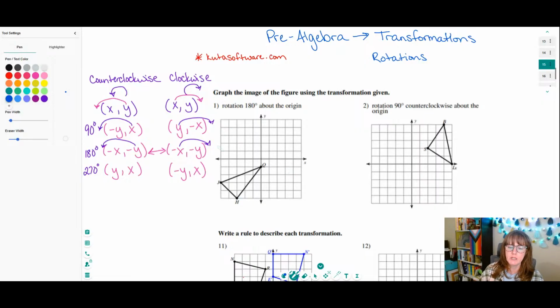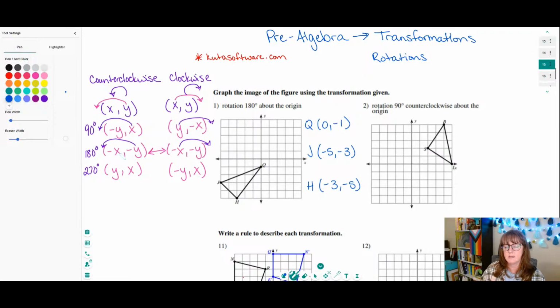So what I'm going to do is I'm going to list my points, Q, J, and H. Q is at 0, -1. J is at 5, -3. And H is at -3, -5. All right, so now let's take a look at what's happening with our 180 degree rotation.